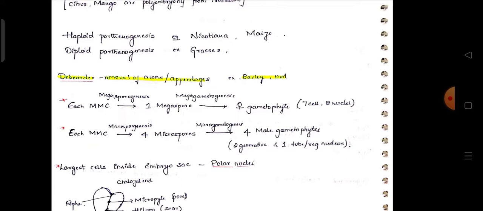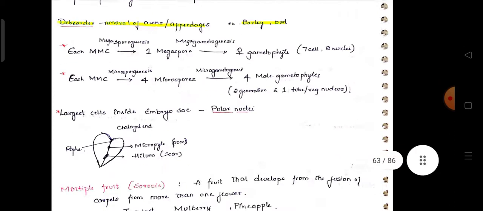Similarly, for the male part, each microspore mother cell undergoes division, that is microsporogenesis. 4 microspores are produced. Microgametogenesis is the next process through which male gametophytes are produced, with 2 generative and 1 tube or vegetative nucleus. The largest cell inside the embryo sac is the polar nuclei.